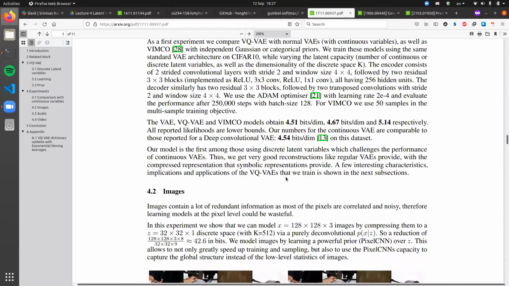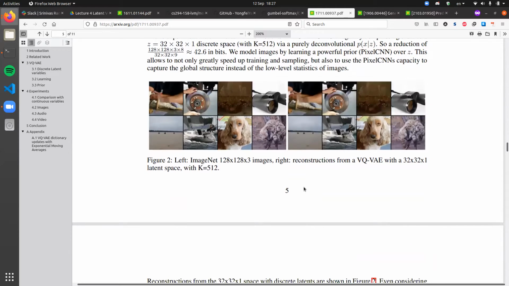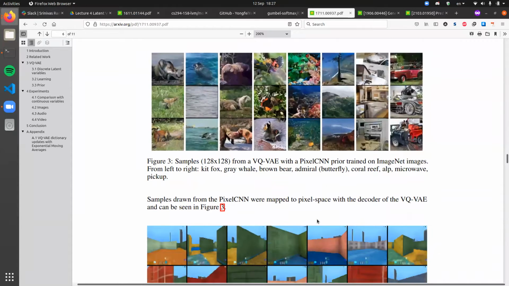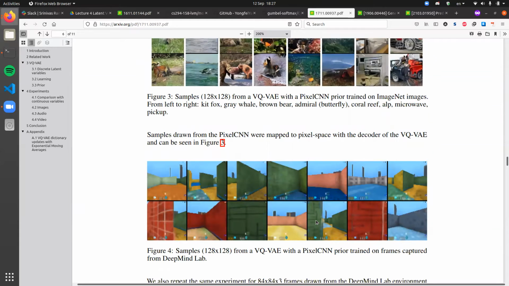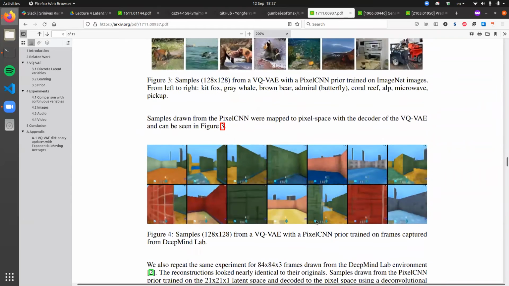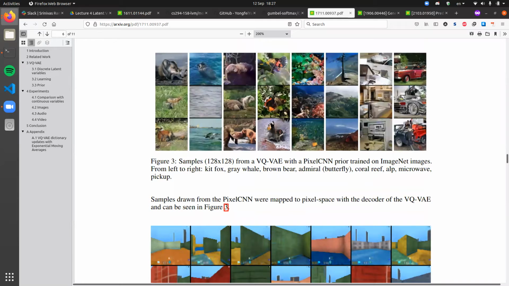And they present quite nice results. I guess this was good for the time, but it's hard to really evaluate directly, because we don't have any reference to compare with.